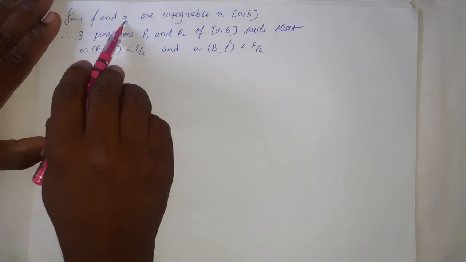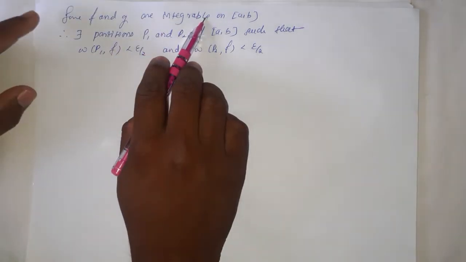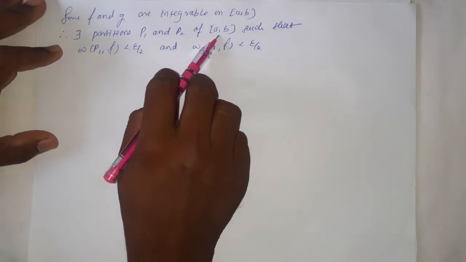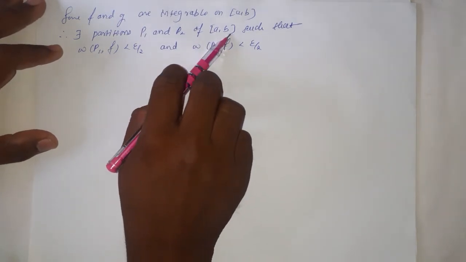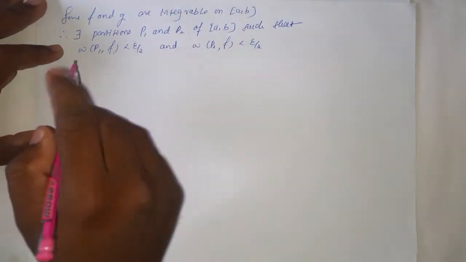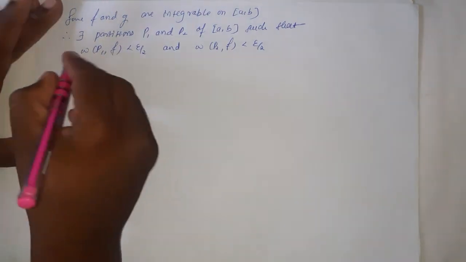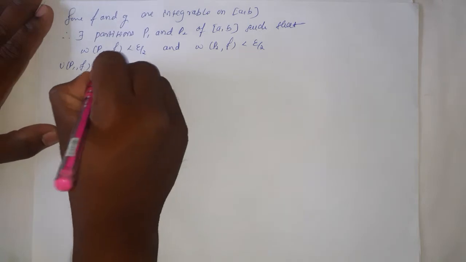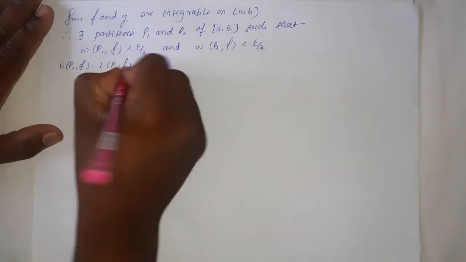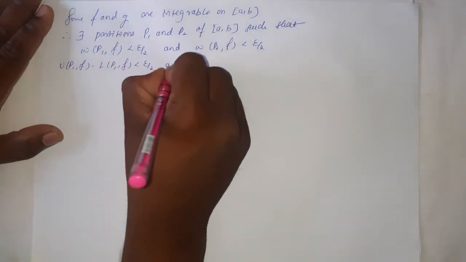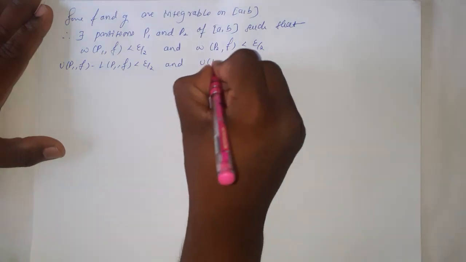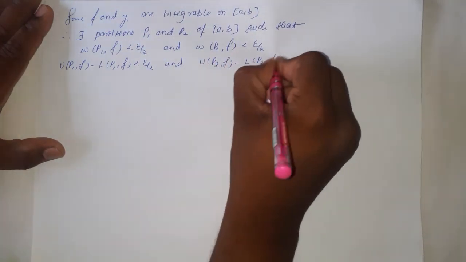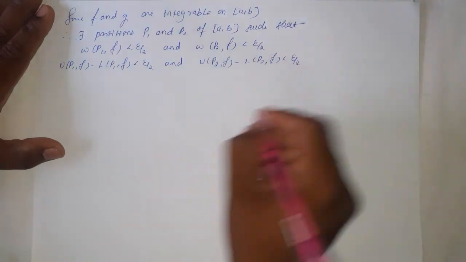Now, since f and g are integrable functions, there exist two partitions p1 and p2 of the interval a b, satisfying the condition that W p1 f, that is U p1 f minus L p1 f, is less than epsilon by 2, and U p2 f minus L p2 f is less than epsilon by 2.